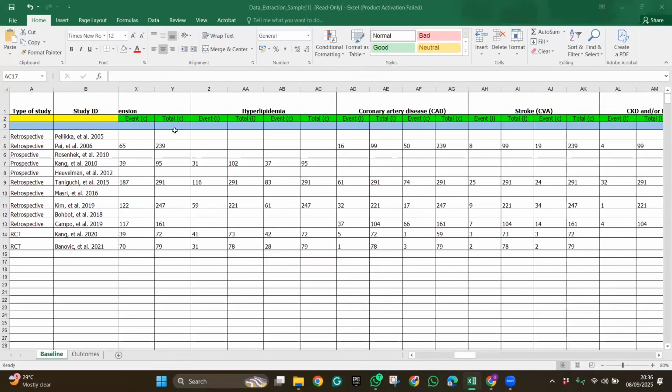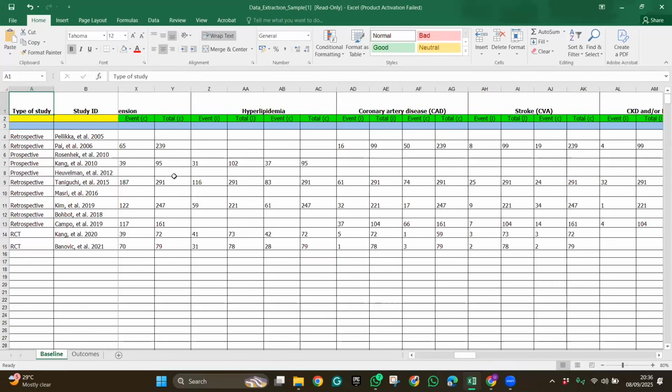So the general structure of the baseline table is generally similar. You can use this same baseline table with certain changes for your own meta-analysis, but the overall structure is generally the same. The first column in your baseline table is the type of study. Let's say you're including 10 studies in your meta-analysis.